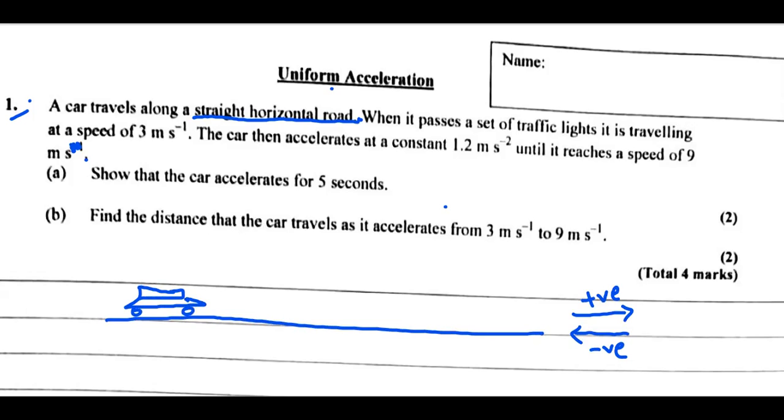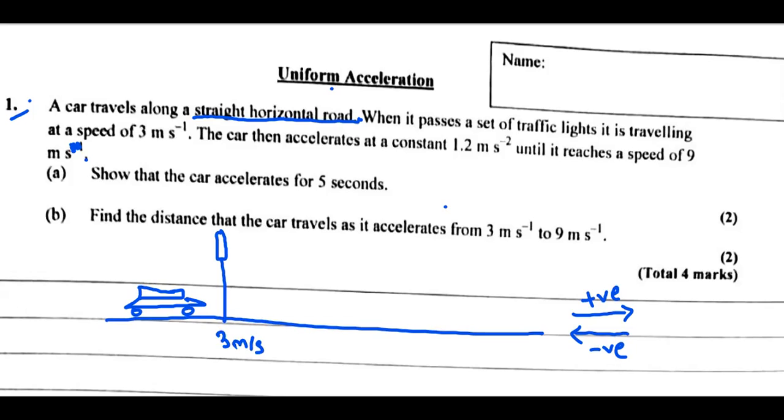And when it is passing a set of traffic lights, let's say these are the traffic lights. इस point पे उसकी speed है 3 meters per second. अभी के लिए we'll not talk about the final, the initial, no. अभी के लिए we'll just make the diagram whatever way the question is given.